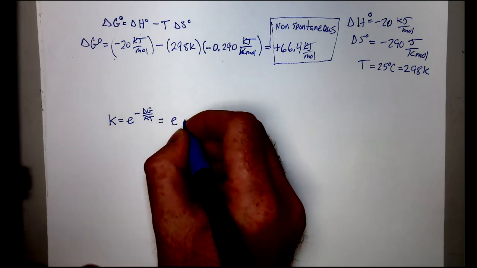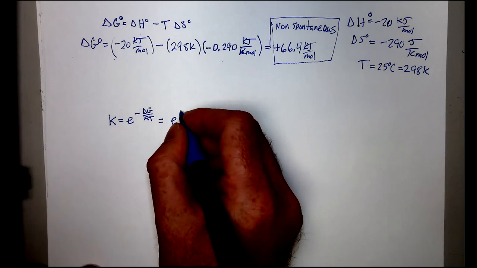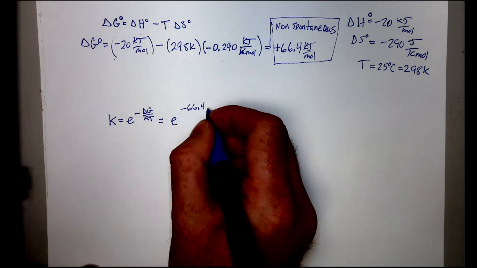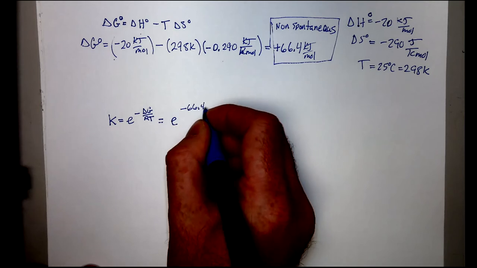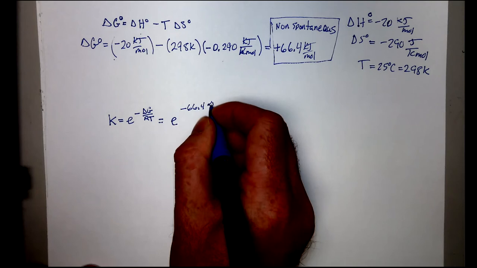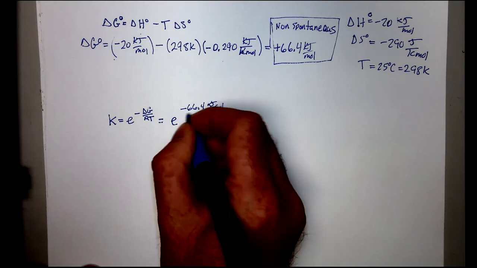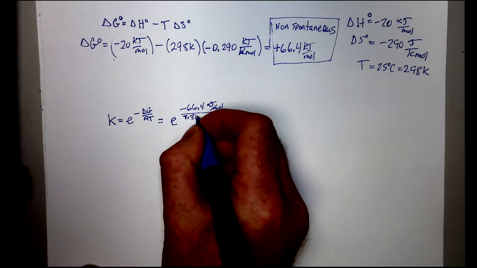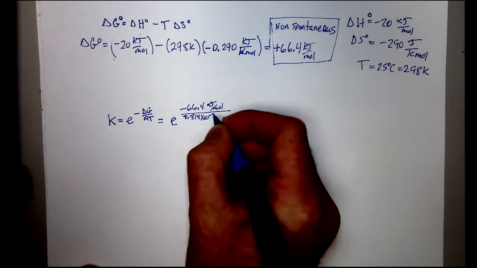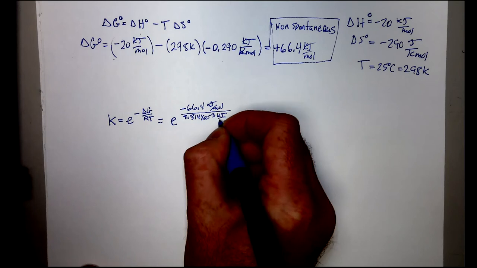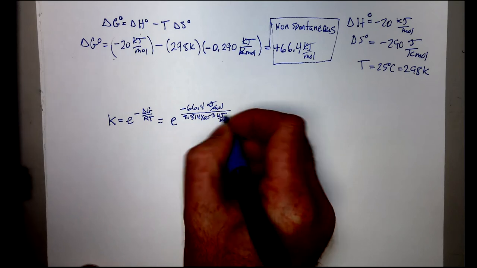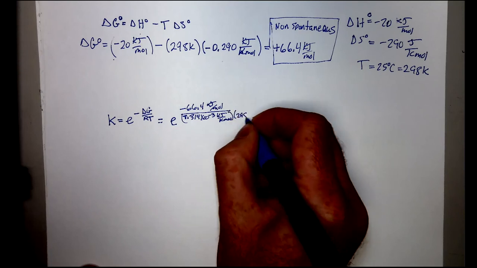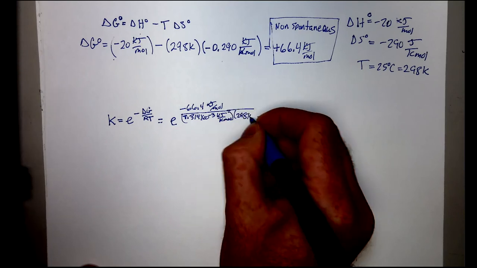K is equal to e to the negative delta G, so negative 66.4 kilojoules per mole. And you've got to convert it one way or another, so 8.314 times 10 to the negative third kilojoules per Kelvin mole times 298 Kelvin.